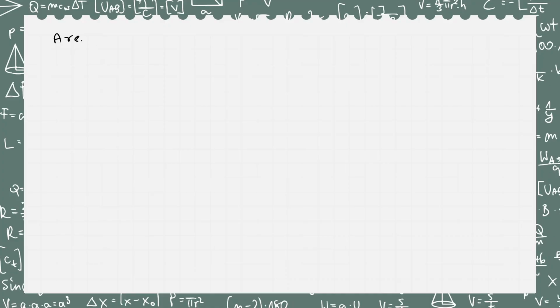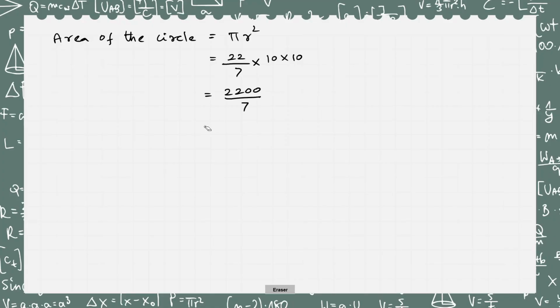Let us find the area of the circle before that. Area of the circle is pi r square, which is 22 by 7 into r is 10, right? So 10 into 10. This will be 22 into 100, which is 2200 divided by 7. Okay, let us keep it as it is right now.